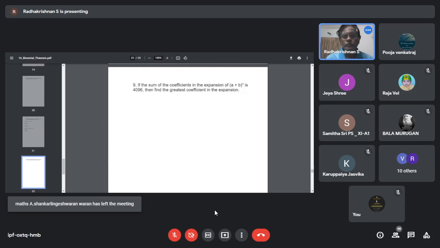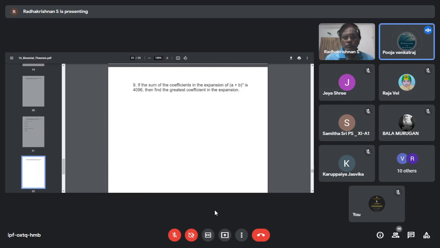The middle term. So if there are 13 terms, what will be the middle term? Seventh term. Correct, Pooja. So (13 plus 1) by 2, that is 7. 7 will be the middle, with the same number of terms before and after. So you have to find the seventh term.